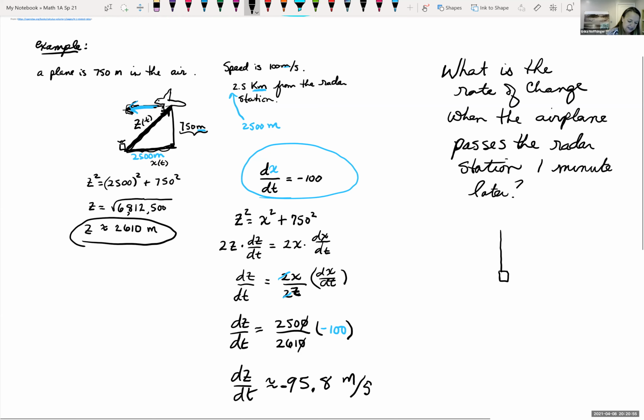So we have the still distance is 750 meters. We need to figure out what this distance is in here. Actually, I kind of made this a little off. This is still 750. Our plane's going this way. And this is the distance. Okay, so this is 750.